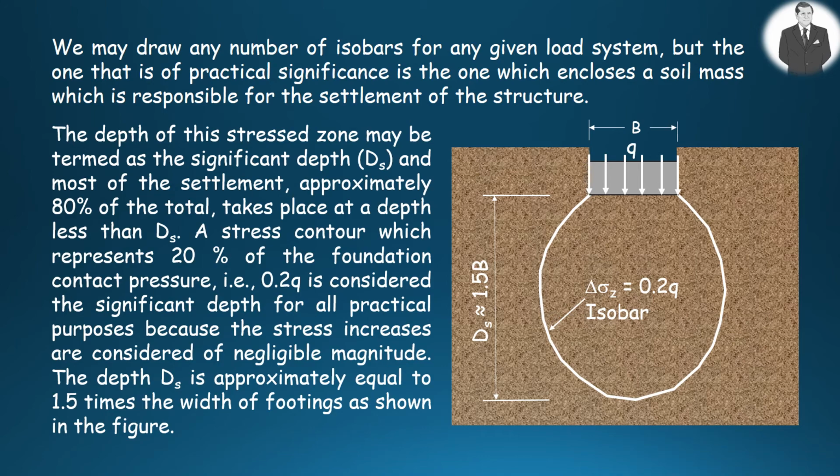A stress contour which represents 20% of the foundation contact pressure, as shown in the figure, is considered the significant depth for all practical purposes, because the stress increases beyond this point are considered negligible. The significant depth is approximately equal to 1.5 times the width of the footing, as shown in the figure.